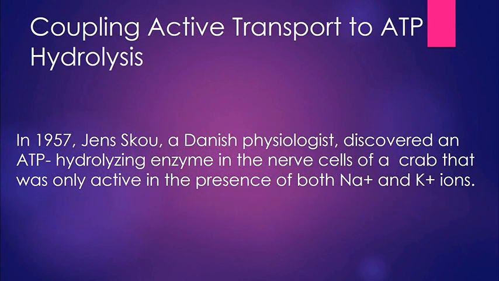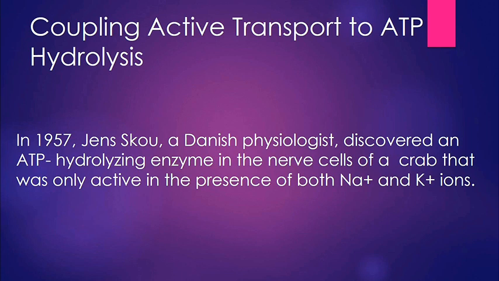In 1957, Jens Skou, a Danish physiologist, discovered an ATP-hydrolyzing enzyme in the nerve cells of the crab that was only active in the presence of both sodium ions and potassium ions.